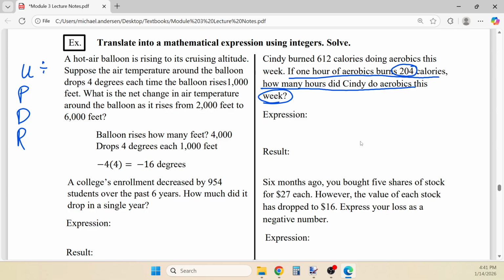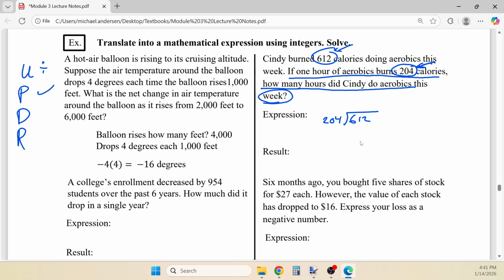We know we're doing a division problem. We found one of the relevant numbers. As we read through the problem, we find the other relevant number. So this number is going to be divided by this one. That's our plan. So 204 goes into 612.